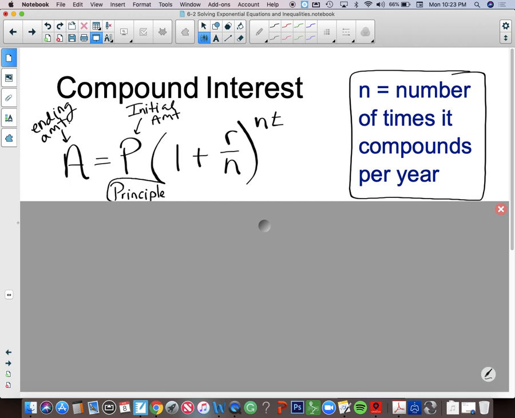That's the principal of the loan, so that would be your initial loan amount, or maybe the amount that you are depositing. R is the rate. N is off to the right here. And T is time. Okay, so just to dissect that formula for you a little bit, break it into pieces so you know exactly what the variables stand for. Let's give it a shot. Try to use it.